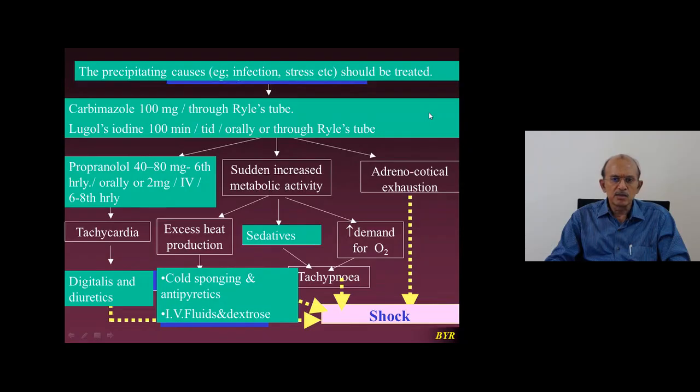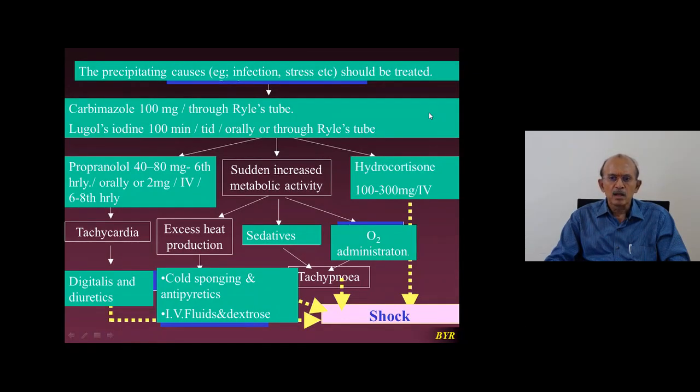Restlessness, sedatives. Increased demand for oxygen, administer oxygen. Adrenocortical exhaustion, you provide corticosteroids, hydrocortisone 100 to 300 milligrams intravenously. So this is how you must manage a patient with thyrotoxic storm. So with that, the shock will be managed.